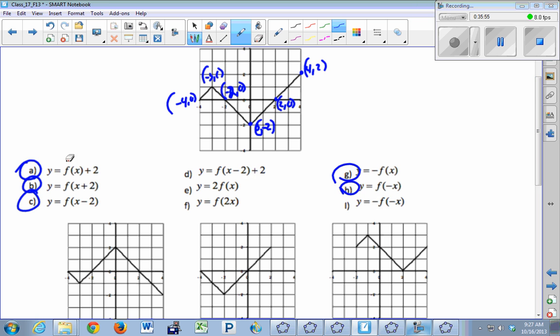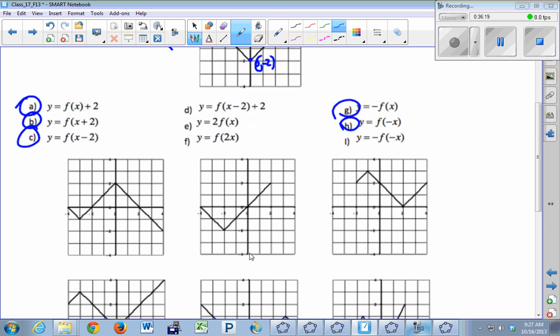So here's A. A says, I'm changing my outputs by adding 2. So my entire graph is going to shift up 2 units. So I can take some key points. Here's a key point. 0, -2 is now going to shift up 2 units. So I find a graph that goes through the origin. So I can eliminate some of these.